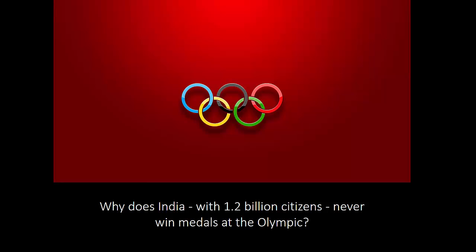So India has 300 times as many people as Ireland, but Ireland wins more medals in the Olympics. So that's a puzzle. These are all things where we observe something in the world and they startle us. They make us wonder, how can that be? It defies our expectations, or it goes against our common sense or our theoretical ideas.